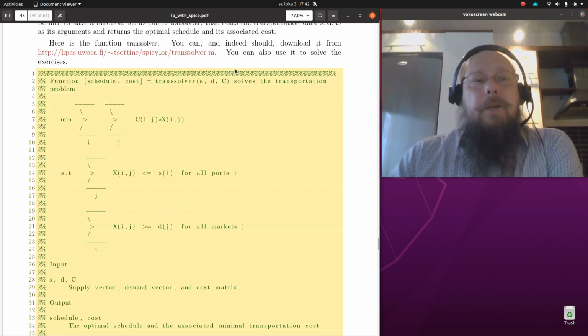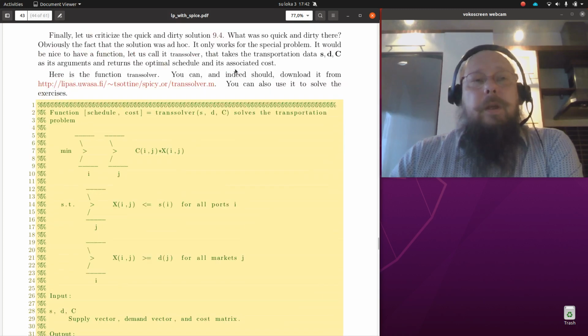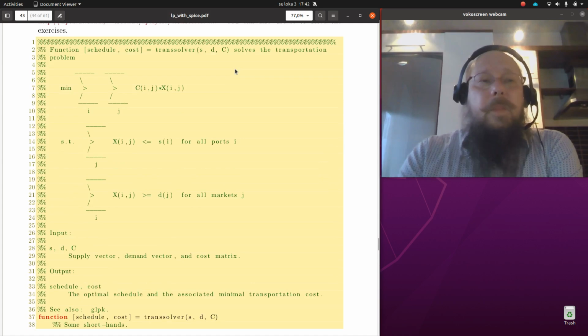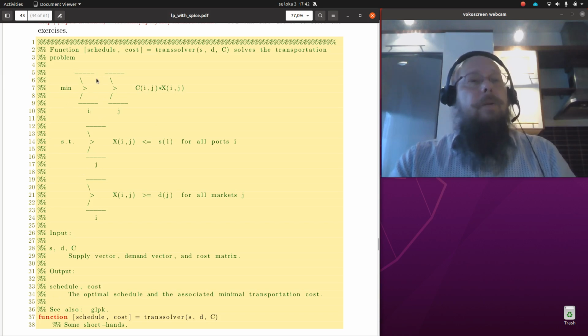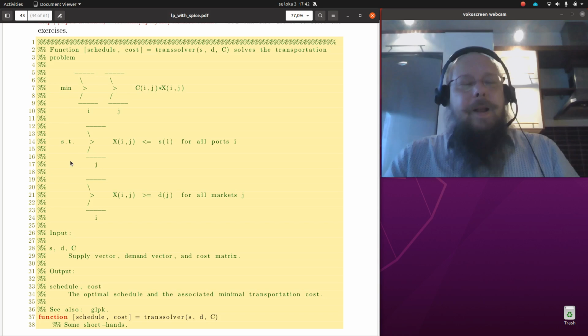So here is actually what this function looks like. We have an extremely long introduction block here. This is something that if you type help trans solver, this is what is printed out. There I also played a little artistically with the sum signs. Yeah, I was bored. All right.